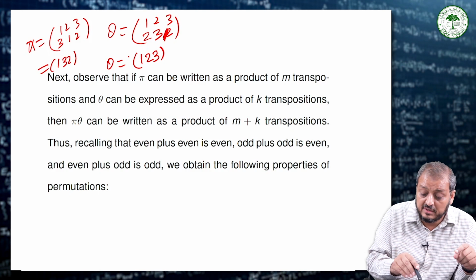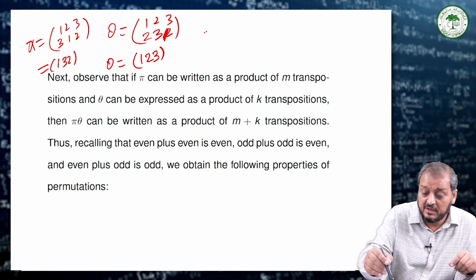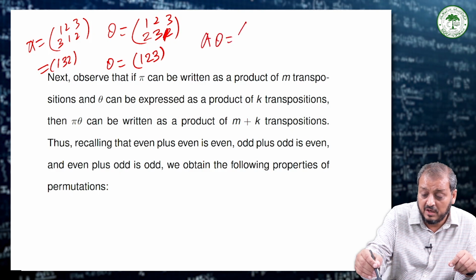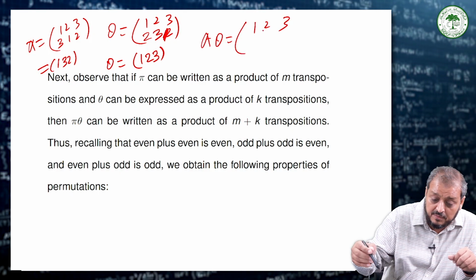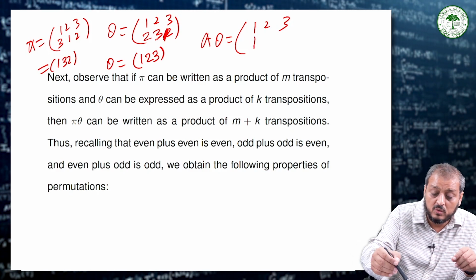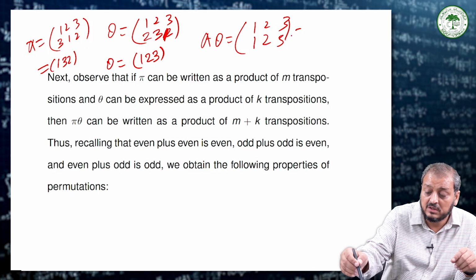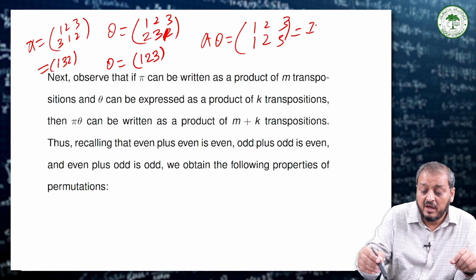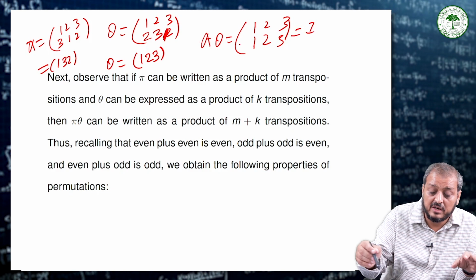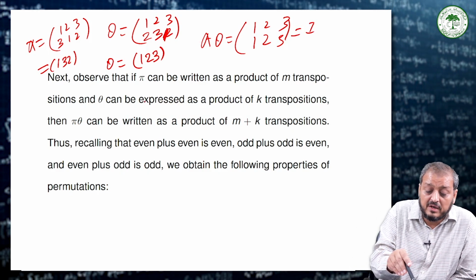Suppose we calculate pi theta. We have 1, 2, 3, and then theta sends 1 to 2, 2 to 1, 2 to 3, 3 to 2, and so on. This gives the identity.